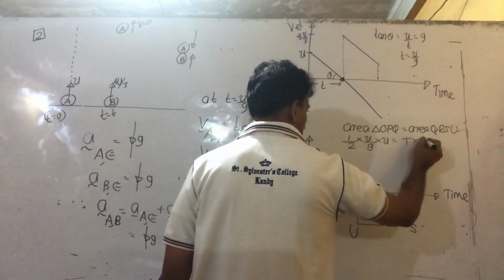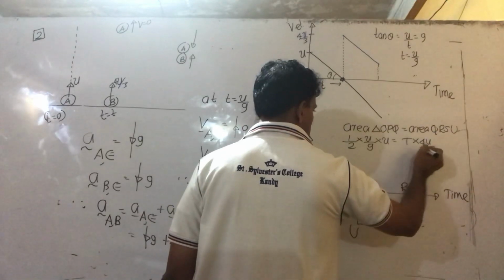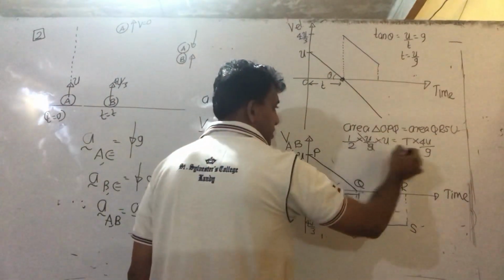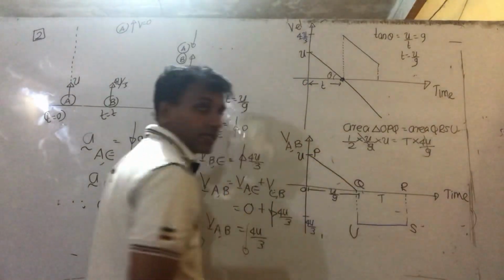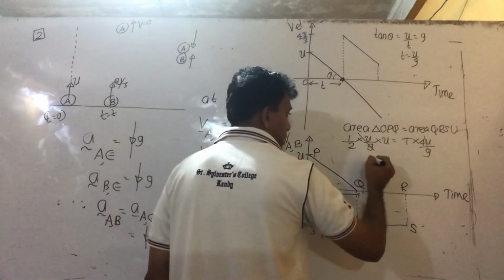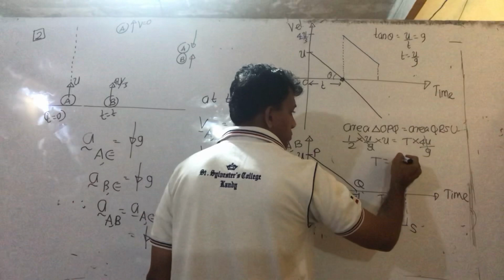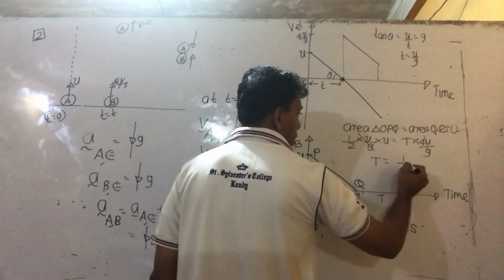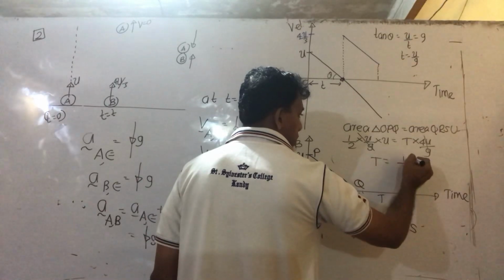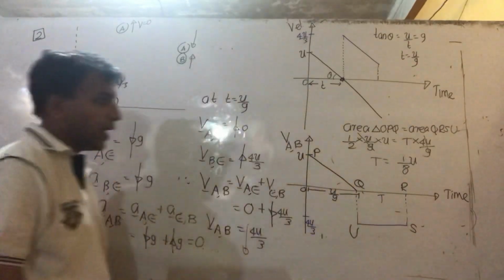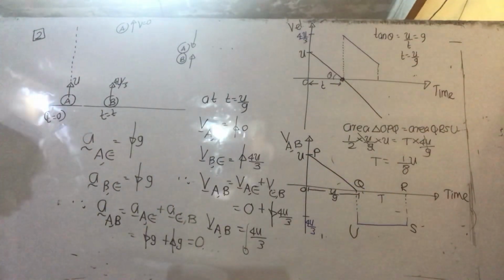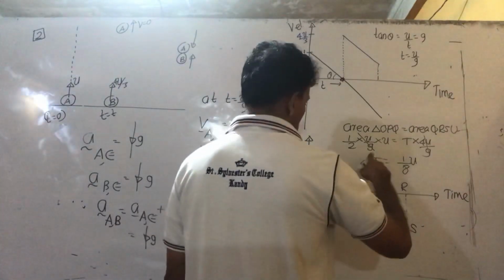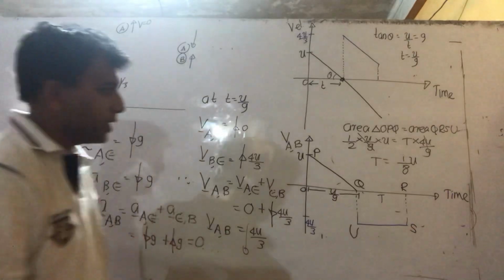So equate the areas: triangle area is half into base into height, and rectangle area is length into breadth. On both sides this U over G cancels. Then capital T equals what?